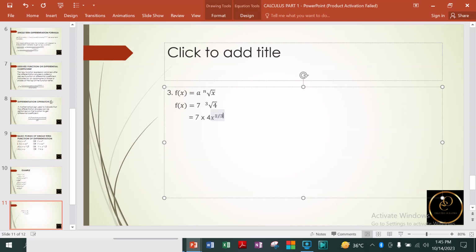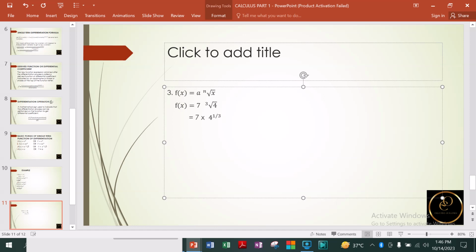Okay, so then that is going to give us that. So here we have this 4, which is raised to power 1/3, which we are multiplying to 7. Okay, so that's what we have.